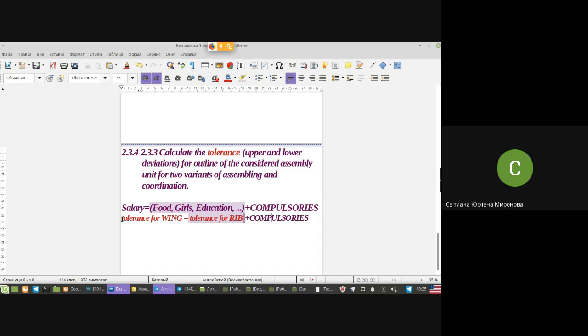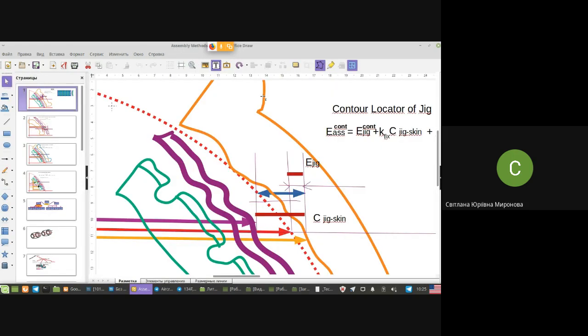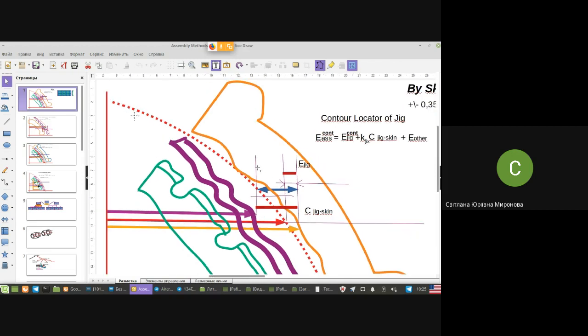If you assemble the wing in the jig of the wing, and if you assemble the rib in a jig of the rib, or whatsoever it will be, spar, panel, doesn't matter, you assemble it in different jigs, and they may vary a little bit from each other. However accurately you try to produce this locator, this orange thing represented in the scheme, they will not be completely identical. They will be different. And it means that as a result, you will have different errors of these jigs.